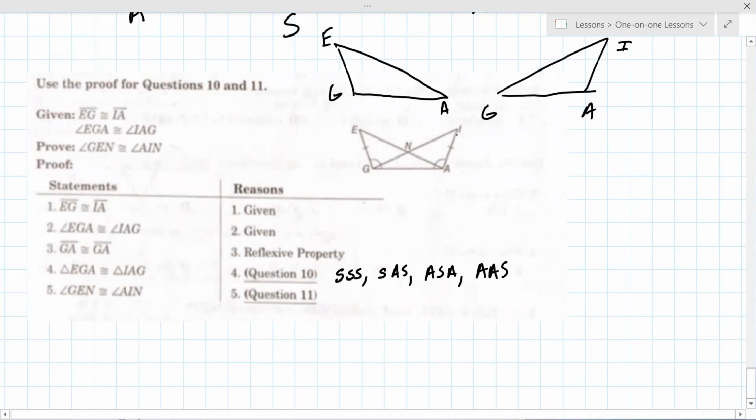E to G is congruent to I to A. This angle down here is congruent to this angle over here. And later on, you prove that this side is congruent to this side. So just looking at the picture of the triangles, you see a side, an angle, and a side. So that one is the best choice there.